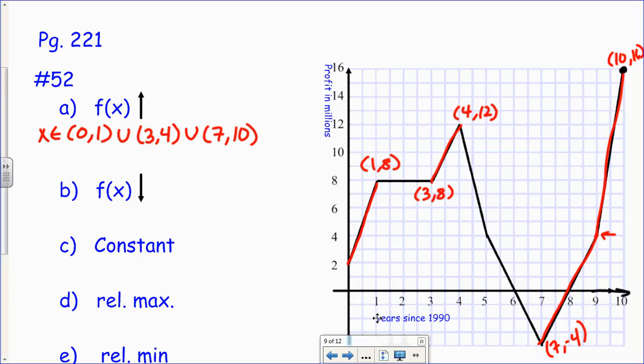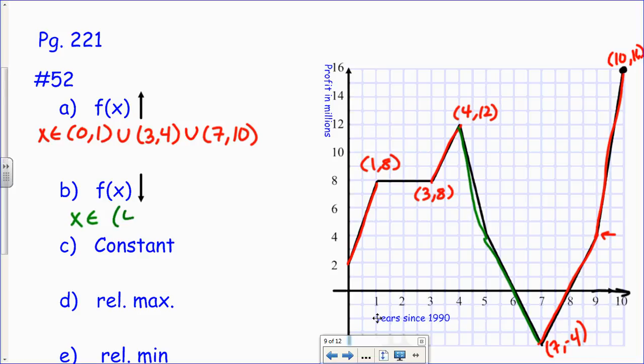Okay, decreasing, decreasing, and then still decreasing. So what would that interval be? 4 to 7. So even though the rate changed, you didn't stop decreasing.